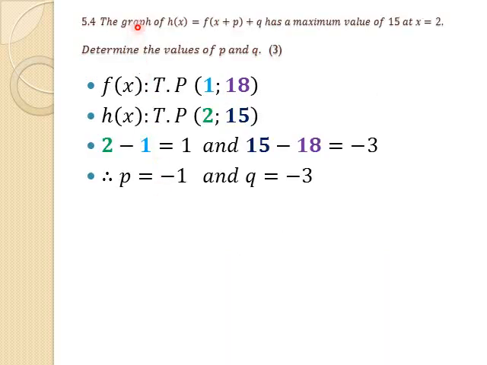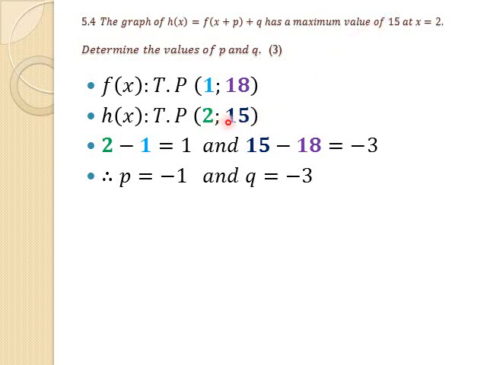Alright, now they say the graph of h(x) equals f(x + p) + q has a maximum value of 15 at x equals 2. Determine the values of p and q. So for f(x), my turning point was (1, 18). For h(x), x equals 2, so my turning point is at 2, and the maximum value is 15.